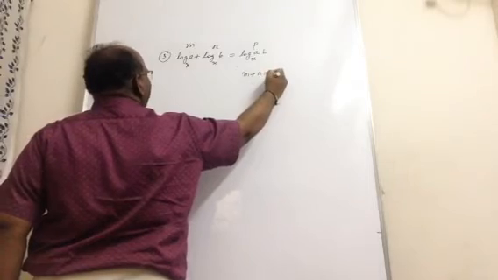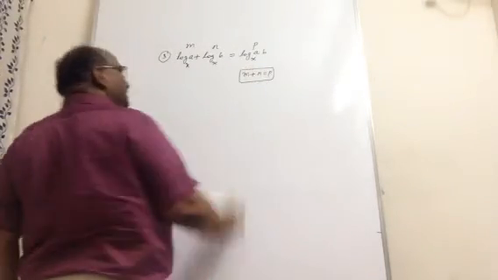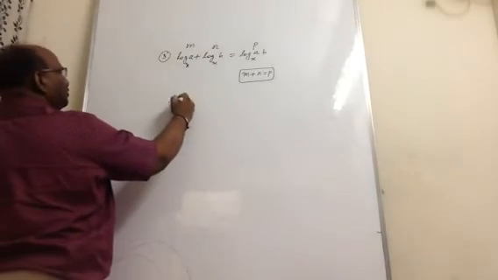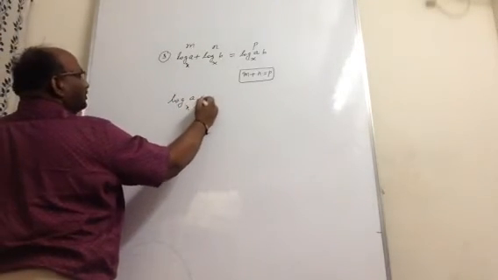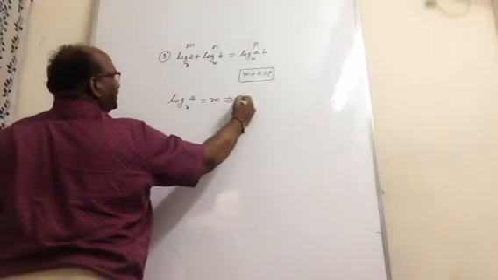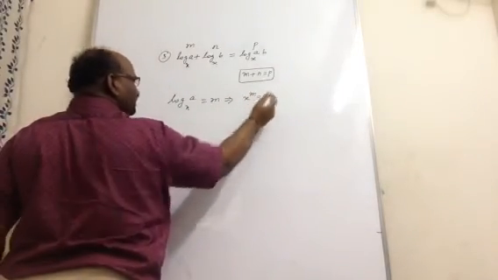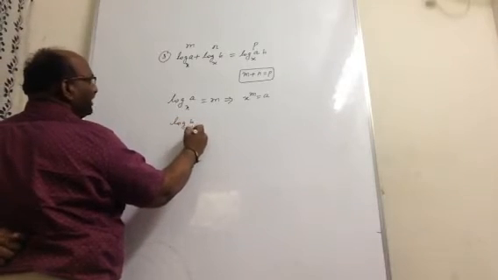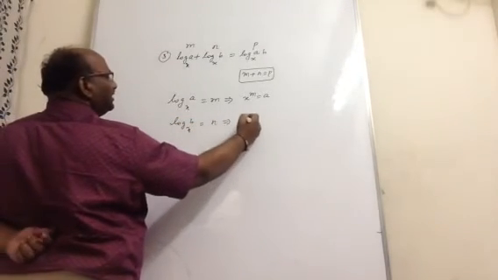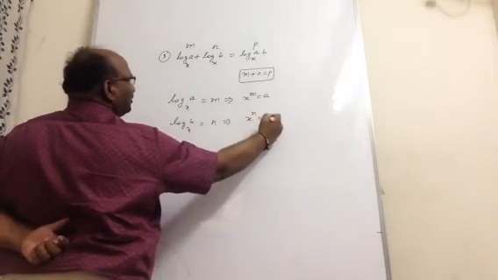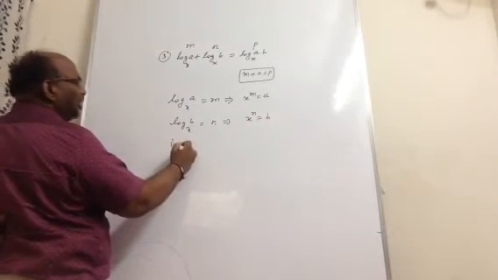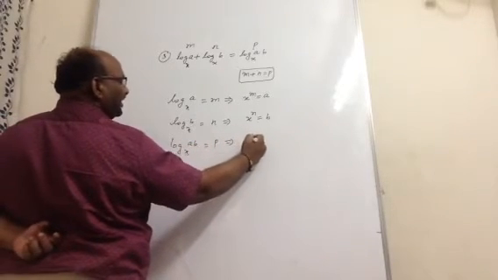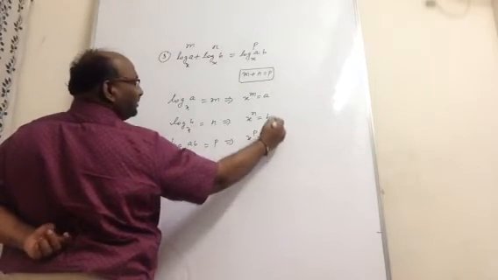What we have to prove is m plus n is equal to p. If you assume log a to the base x as m, by definition x power m is a. Log b to the base x, assume it as n, x power n is equal to b. Log ab to the base x, assume it as p, x power p is equal to ab.